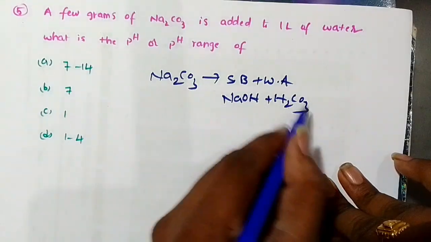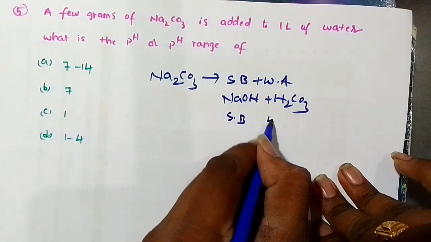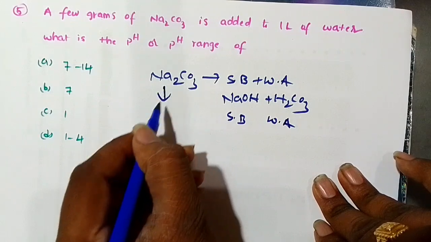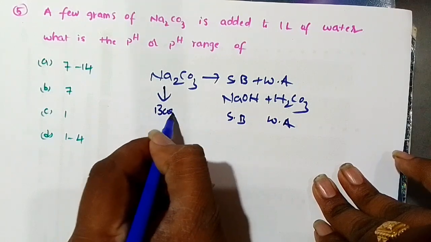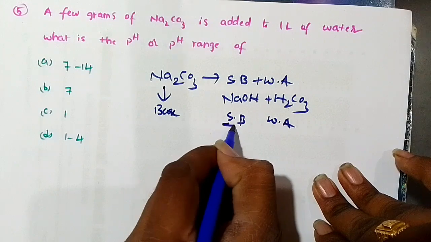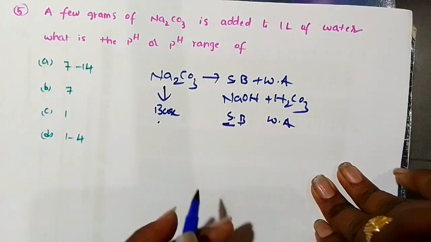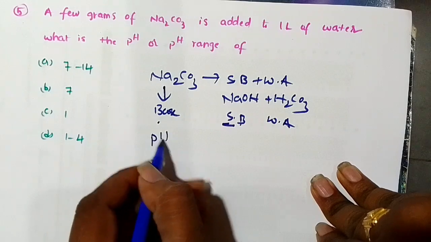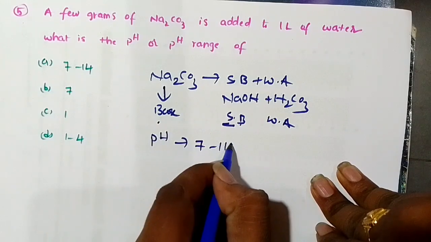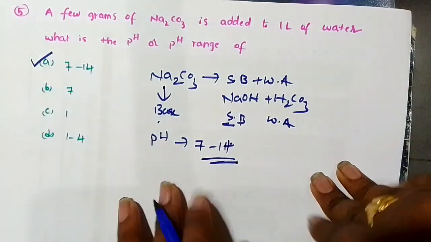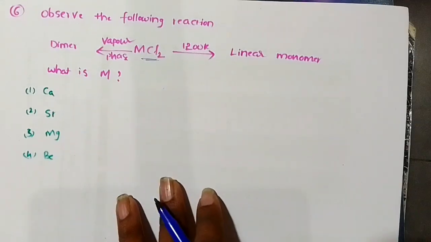If a salt is formed from a strong base and a weak acid, the salt is basic in nature, because the base is strong. For basic nature, pH is in the range of 7 to 14. The answer is 7 to 14, answer A.